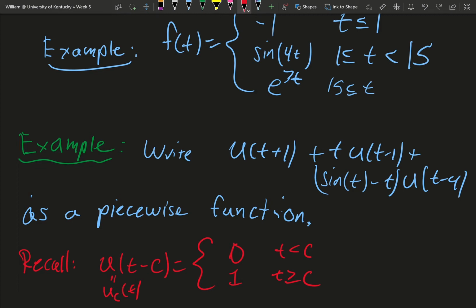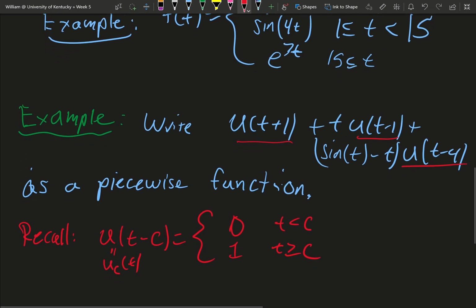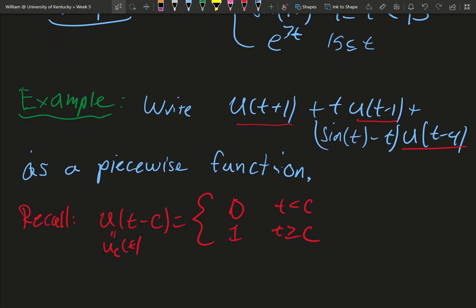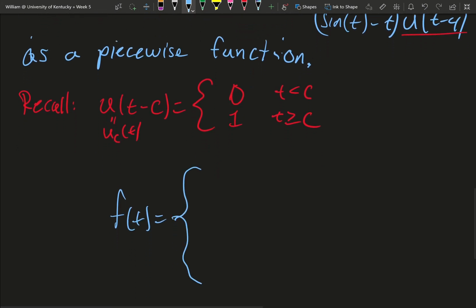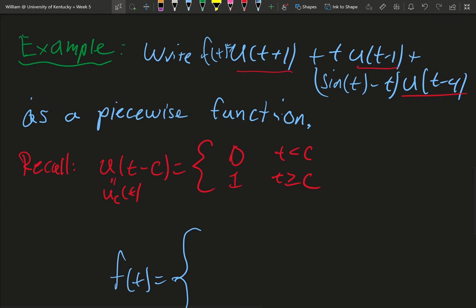To start this, it's good to note where our changes are. So we're going to have different definitions. I'll say this is f of t. We're going to have one definition if t is less than -1.